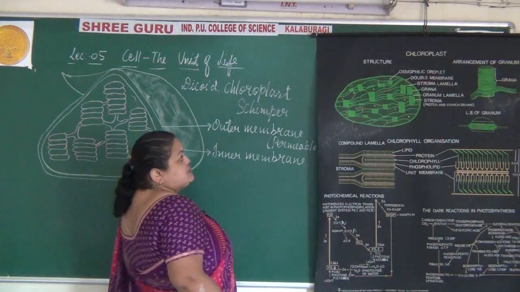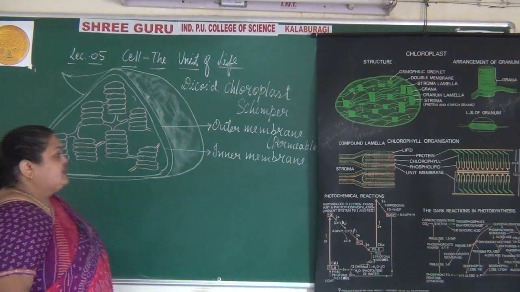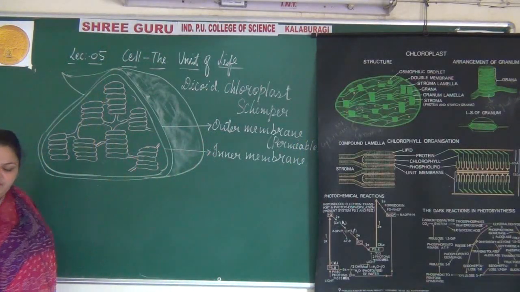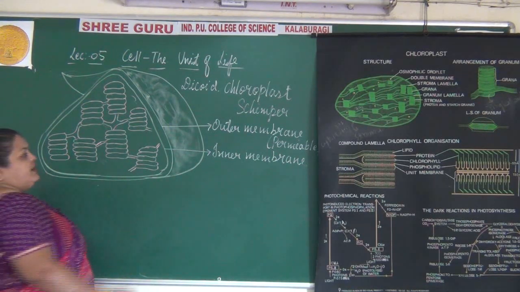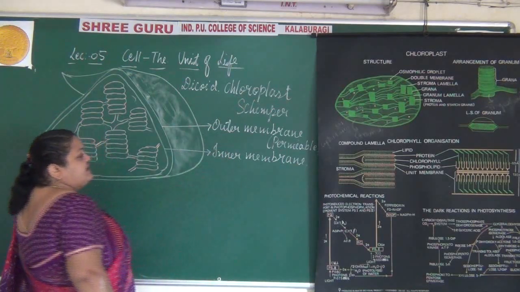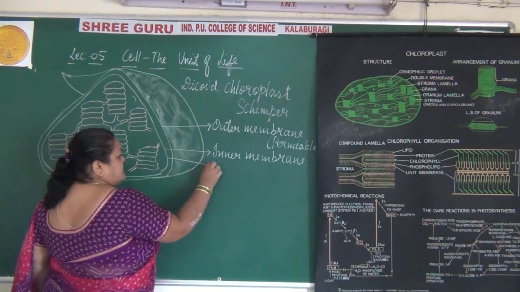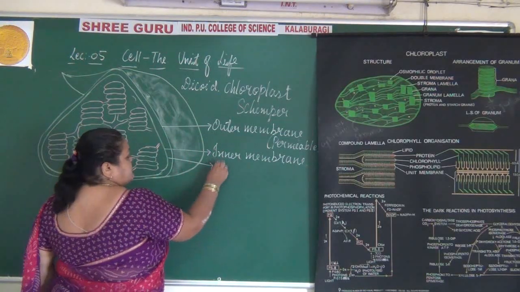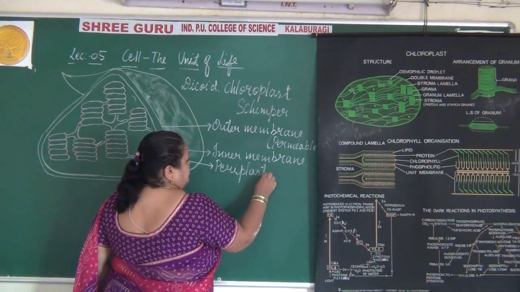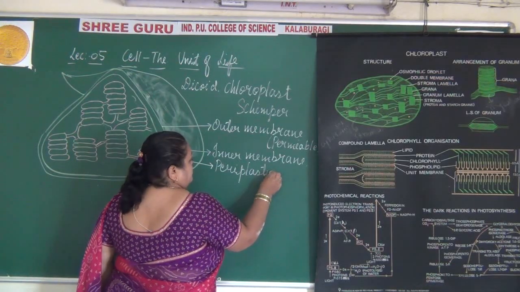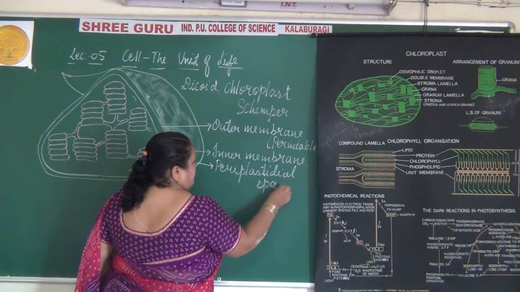In some of the chapters, or in the textbook, you will find this form of figure. A simple diagram is drawn to make it clear. So, it has an outer membrane and the inner membrane. The space between the outer and inner membrane is known as the periplastidial space.